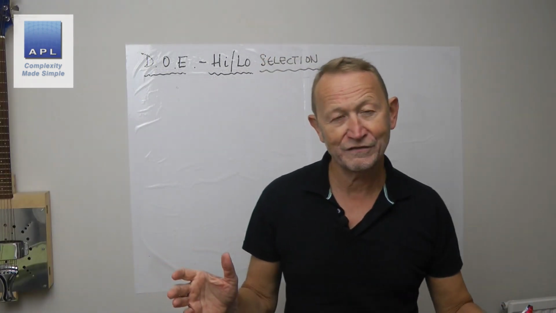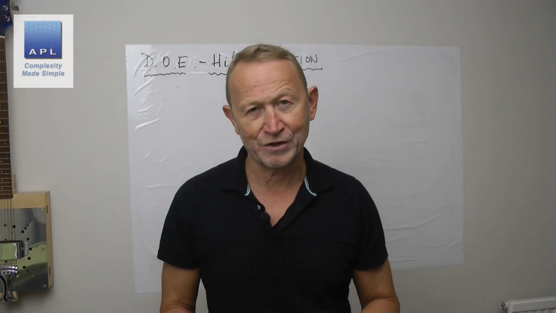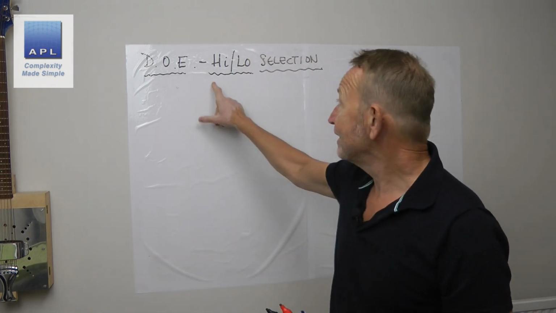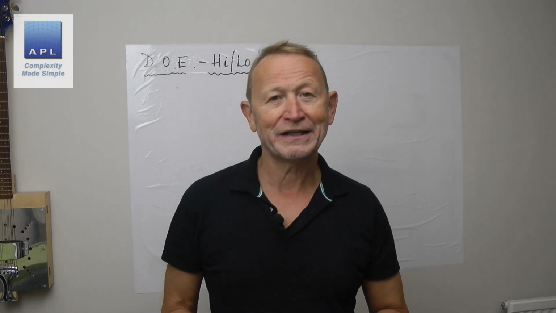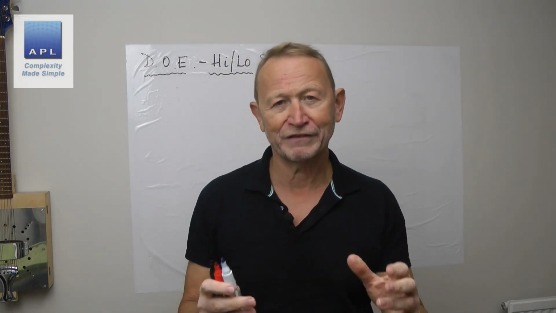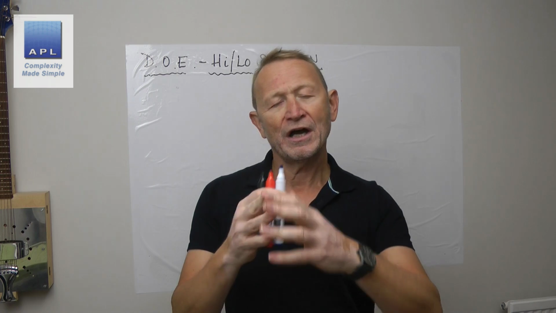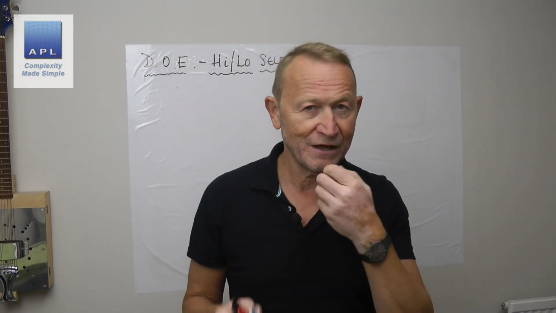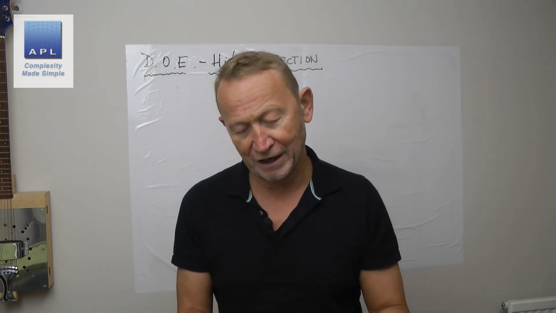Welcome to the latest video. In this video newsletter, what we're going to take a look at is DOE high and low settings. So this is just a quick video to talk to you about how you choose your design space in a designed experiment. How do you pick your high and low levels?